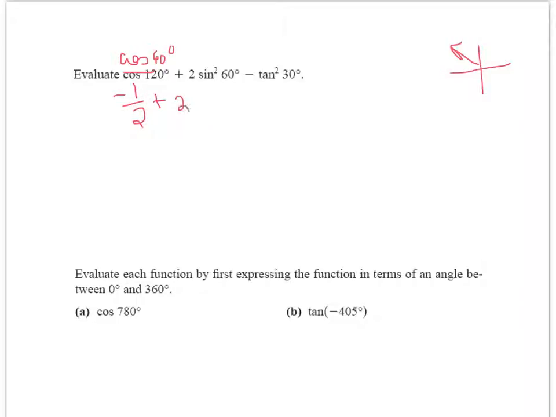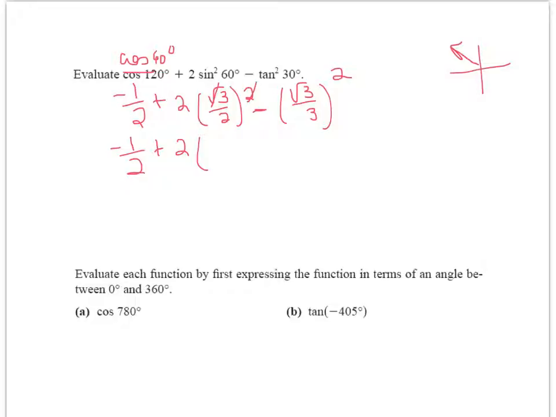plus 2 times, and then sine of 60 is the square root of 3 over 2, and this is going to be squared, minus, and then tangent of 30 is the square root of 3 over 3, and it's squared. So now we need to evaluate and put things together. So we get negative 1/2 plus 2 times, we're going to clean this up.